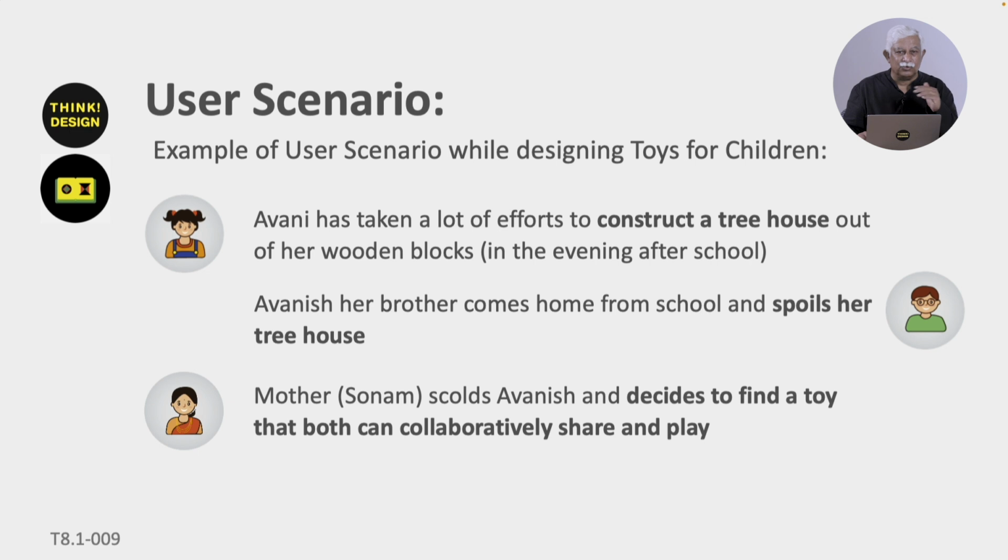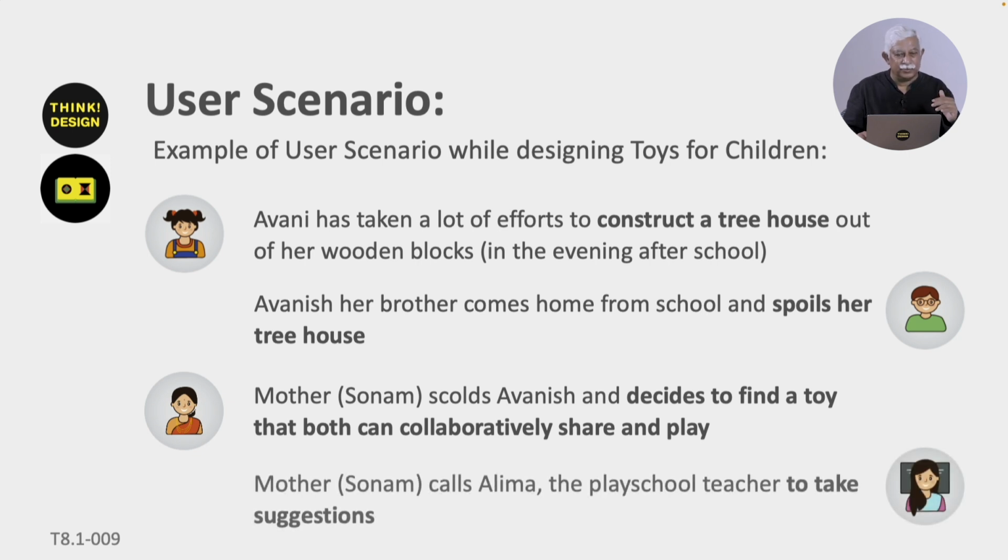Mother Sonam scolds Avanish and decides to find a toy that can be used collaboratively, shared and be playful. For this, what does she do? She calls Alima, the play school teacher, to take suggestions. So, the scenario can go on, but I am sure that you are getting the gist of it.